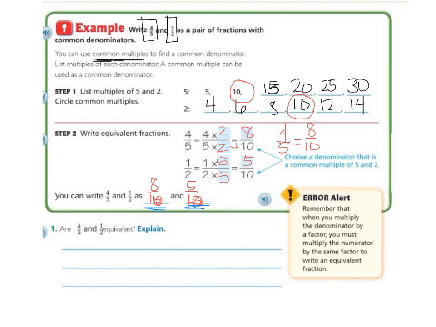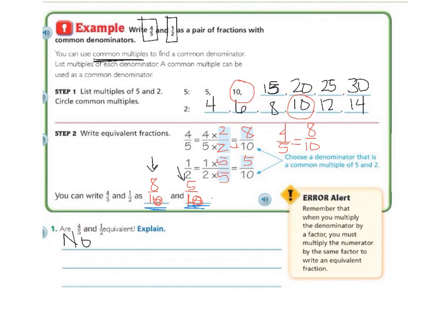All right, and when we have a question here that asks us, are 4/5 and 1/2 equivalent? Are they equal to each other? Well, once we made them both into tens, it's kind of like saying, when all the pieces are equal, how many pieces do I have? So we look at our numerators now. Are 8 and 5 equal? Well, no, 8 is more than 5.